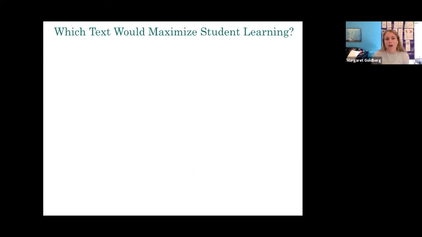So we're going to do a quick little question in the chat. You're going to type in the title of the book that you think would maximize student learning when it comes to language comprehension. I'm going to show you two books, and you're going to be thinking through which one provides the best opportunity for vocabulary development, language structure, verbal reasoning, and discussion.